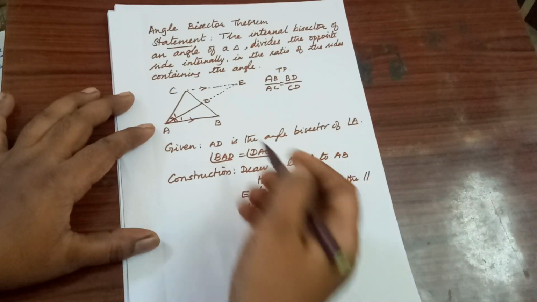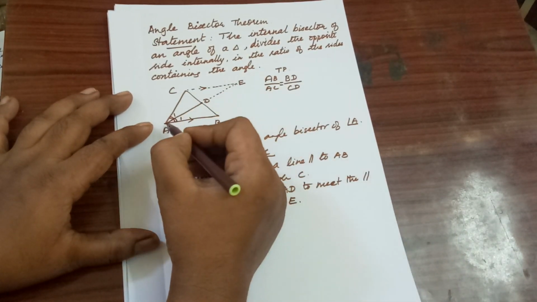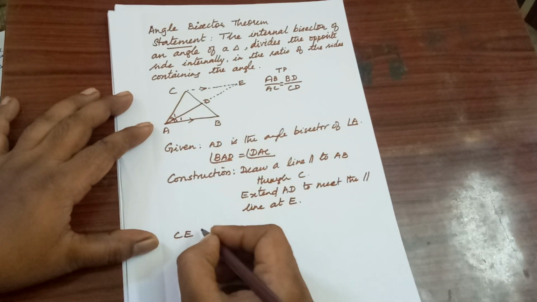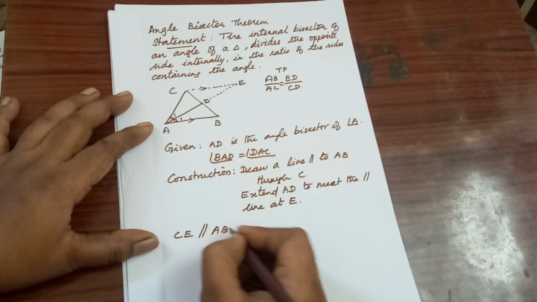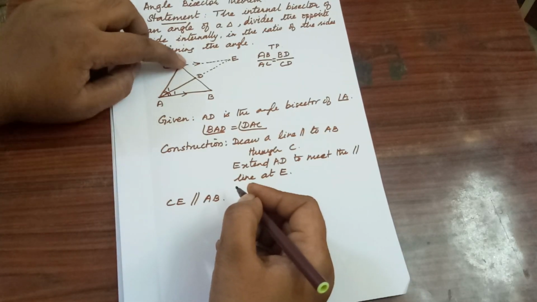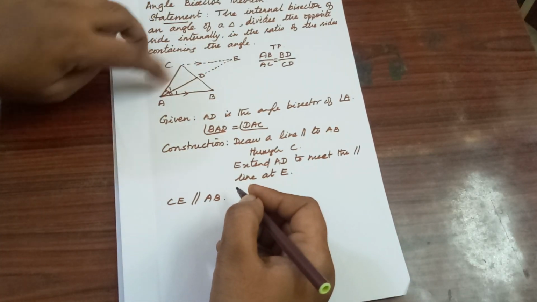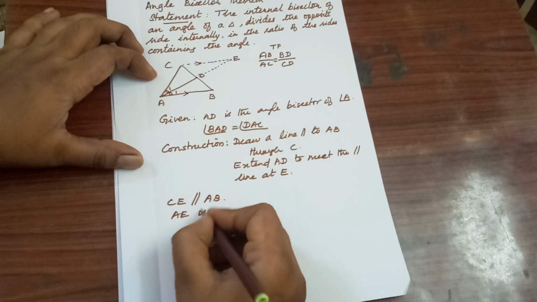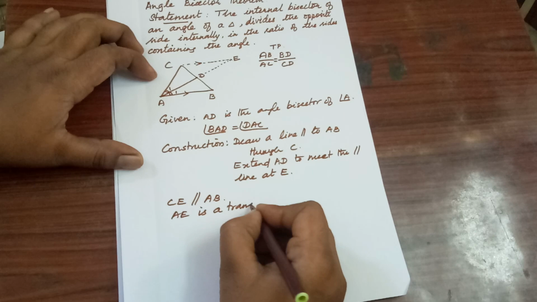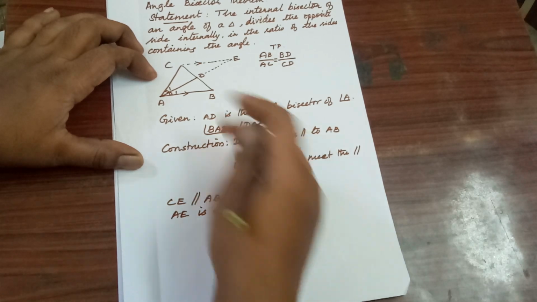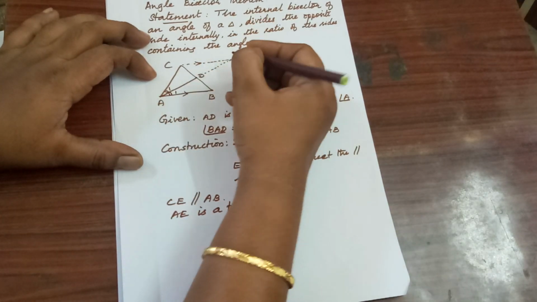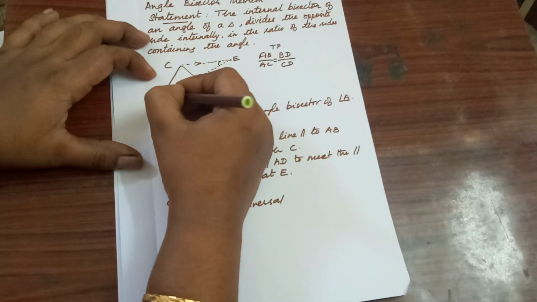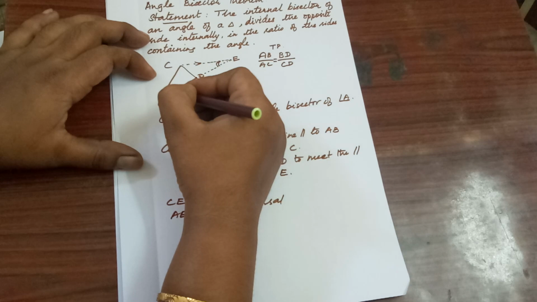Now CE and AB are parallel. Then we have a transversal AE here. So we know that the interior alternate angles are equal.